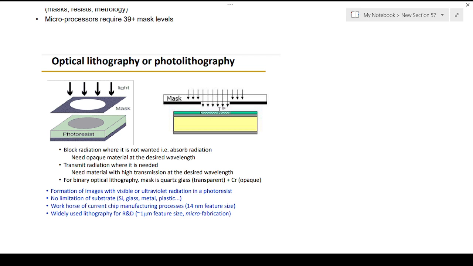It blocks the radiation where we don't want it, and the radiation is absorbed by that particular area. So we need an opaque material at the desired wavelength, and the transmitted radiation can be controlled where we demand it. The mask is normally quartz glass, which is transparent, and for the opaque part we take chromium on top.